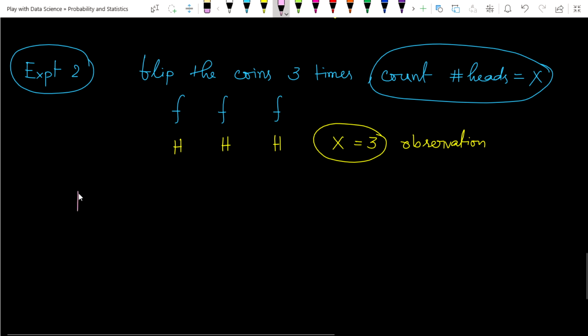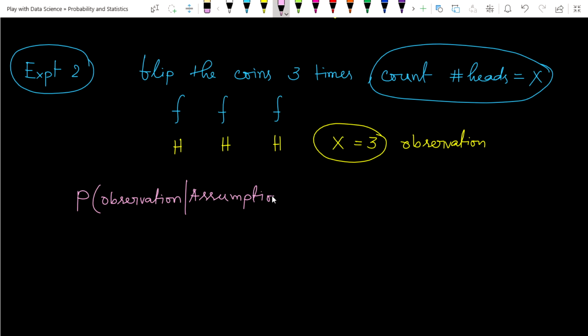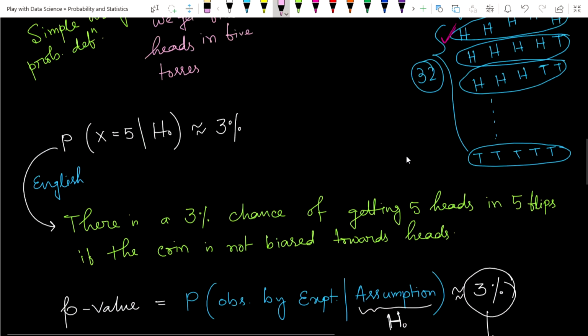Now the p value, the probability of the observations when we assume our null hypothesis, on the basis of our assumption. The assumption is H0, which means our coin is not biased.